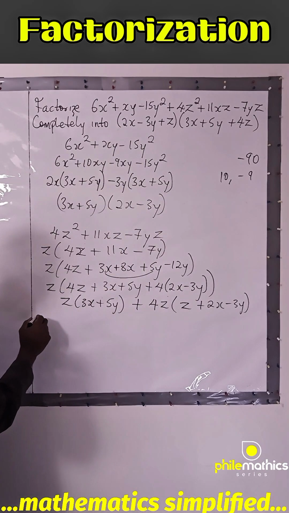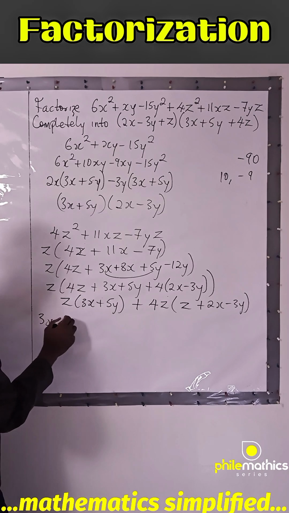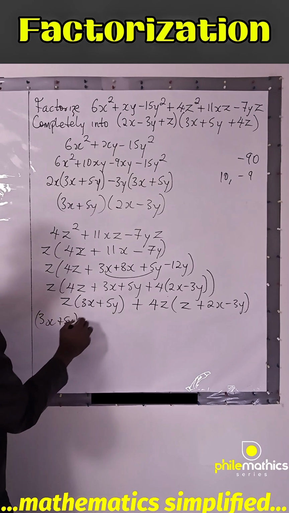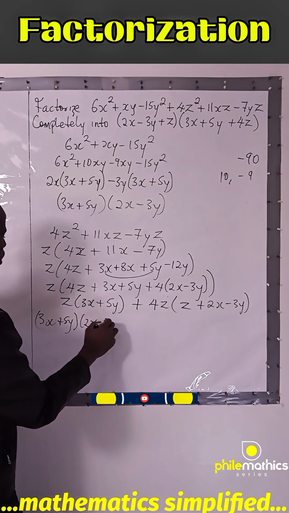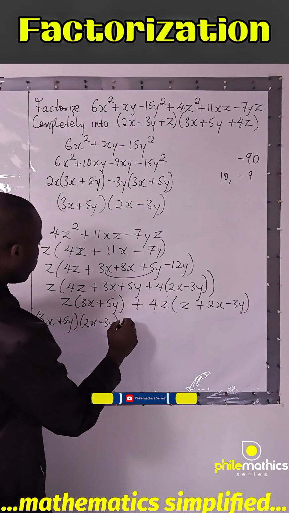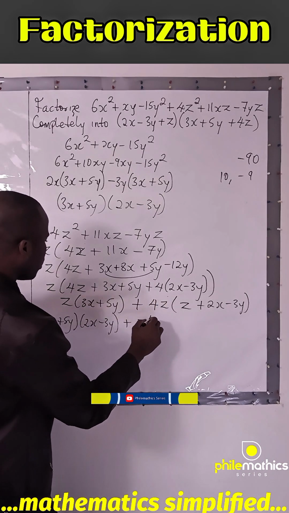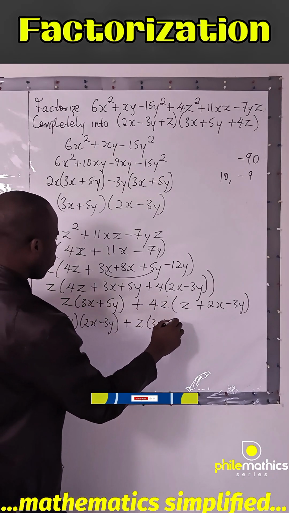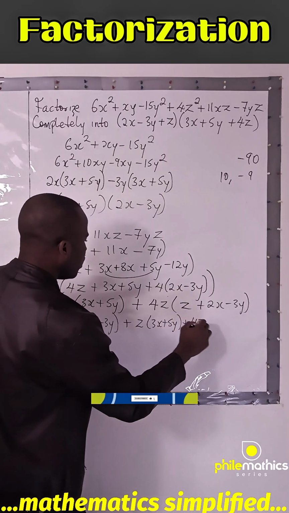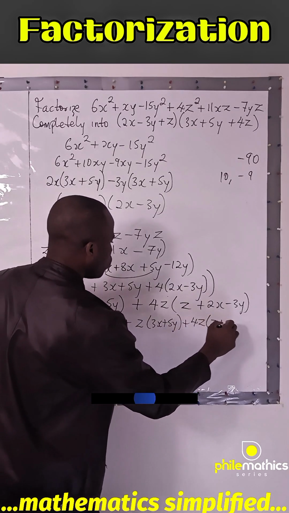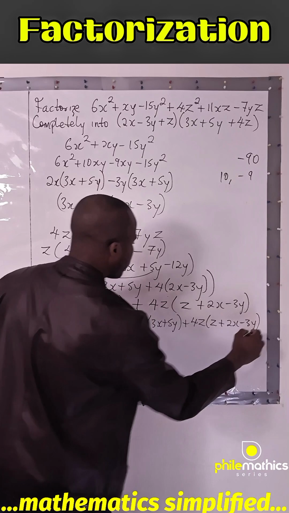So everything will be 3x plus 5y, 2x minus 3y. If I combine it with this, it is plus z, 3x plus 5y plus 4z, z plus 2x minus 3y.